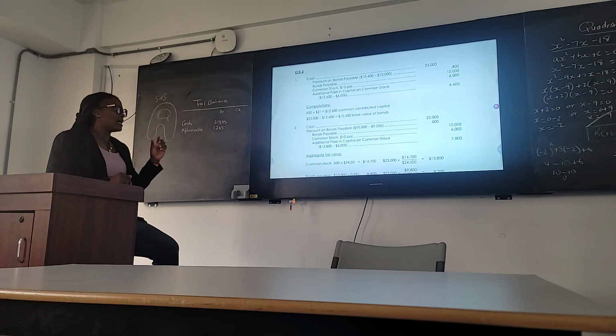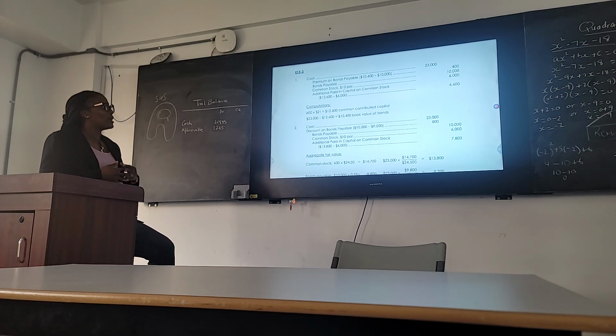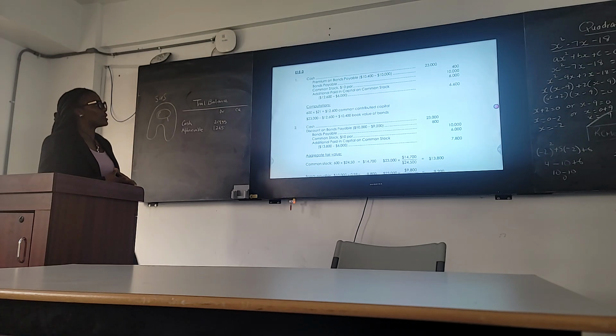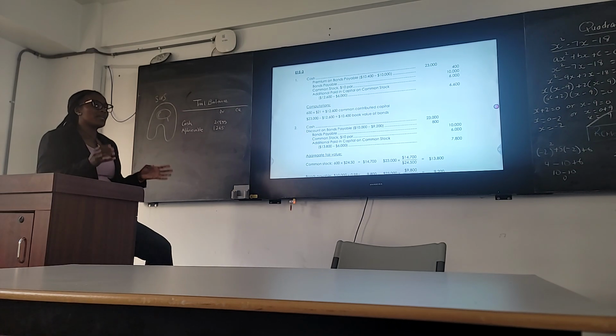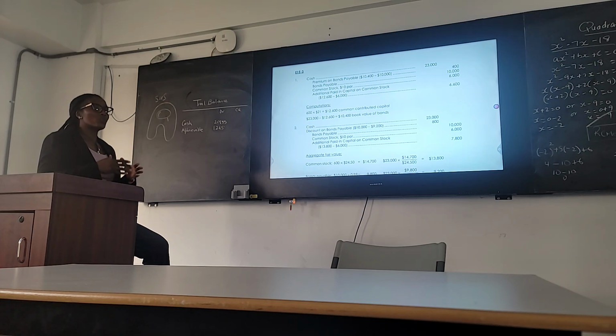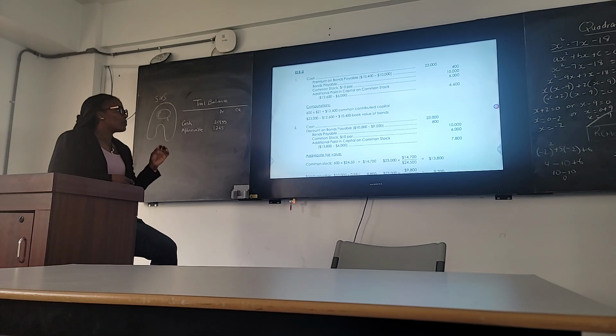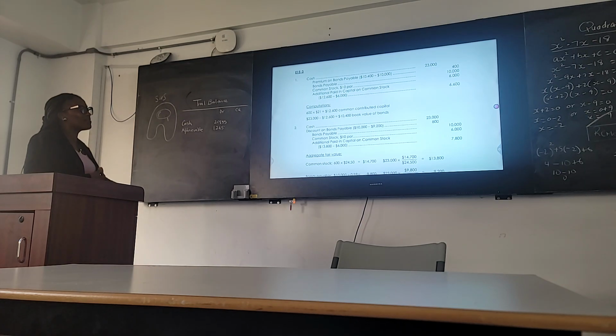But we would have already allocated 6,000 of that to the common stock account. So the difference, 12,600 minus 6,000, is what we would have as additional paid-in capital of 6,600. Since the entire proceeds was 23,000, 23,000 minus what the shares represent, which is 12,600, will give us the book value of the bonds of 10,400.